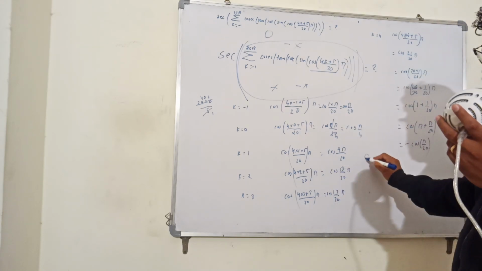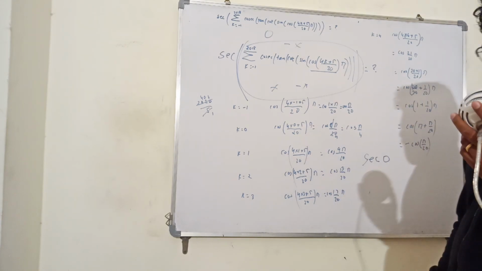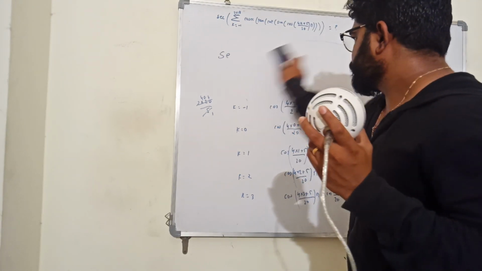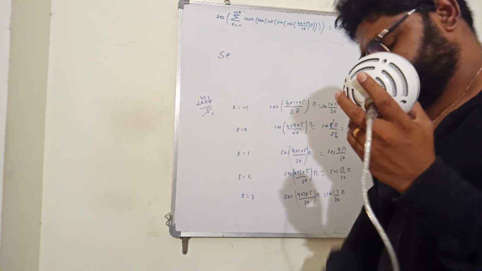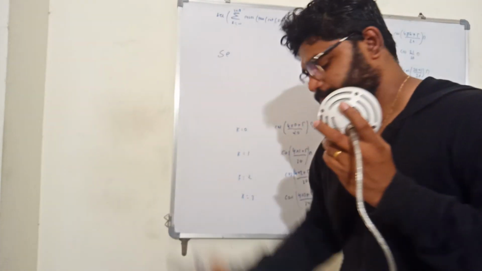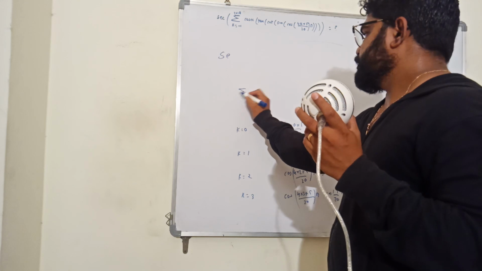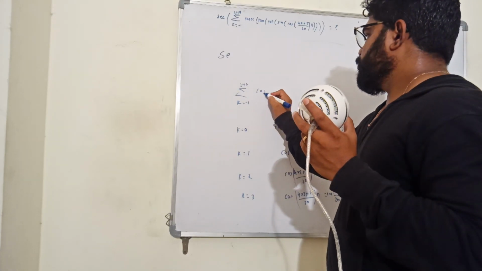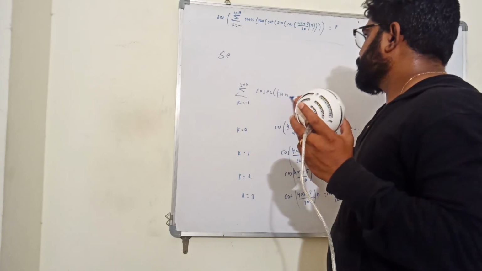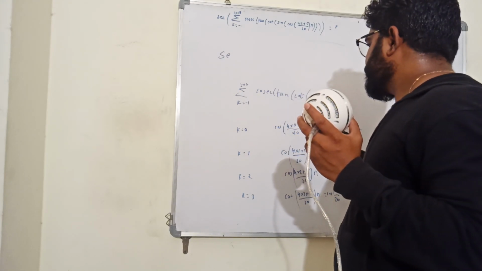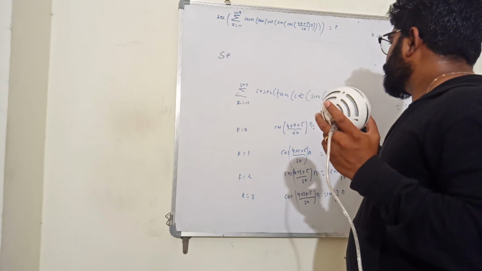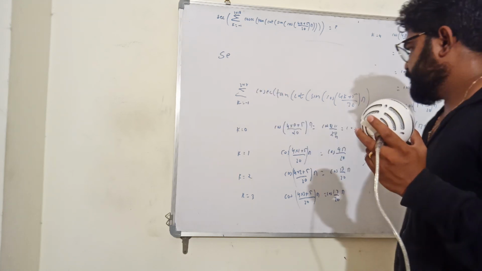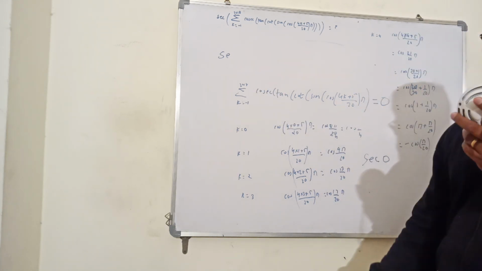So we get sec of 0. I'm just going to write here: from this I'm inferring that the summation from k is equal to minus 1 to 2018 of cosec of tan of cot of sine of cos of (4k plus 5) upon 20 pi, this whole thing is equal to 0.